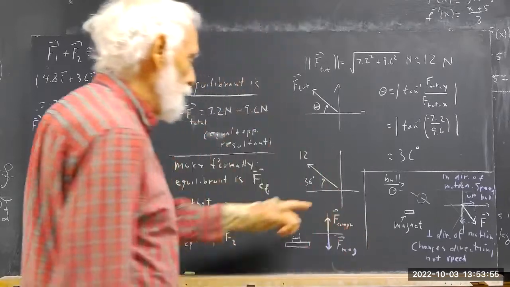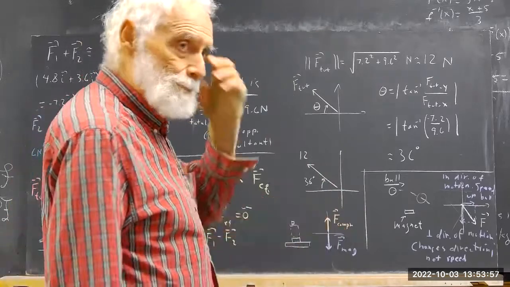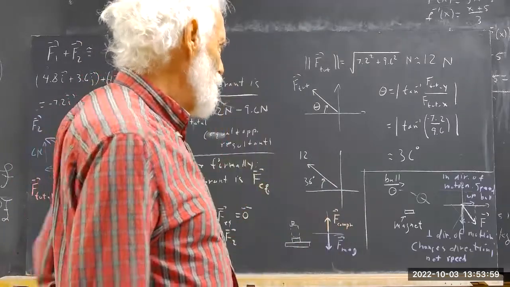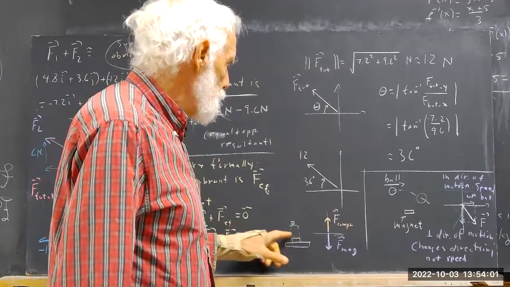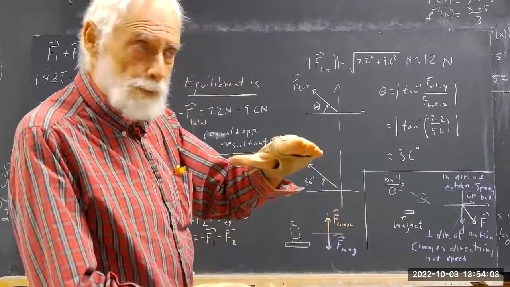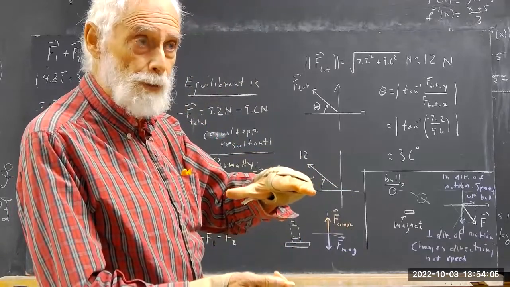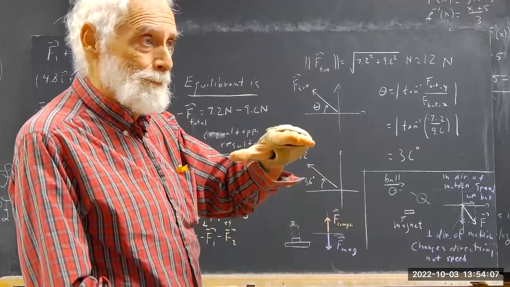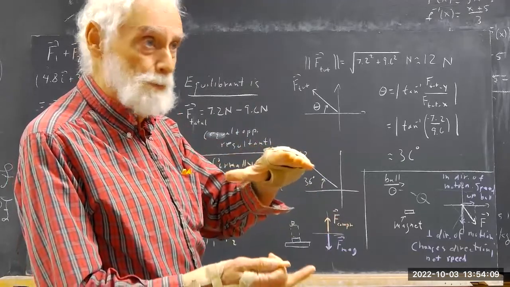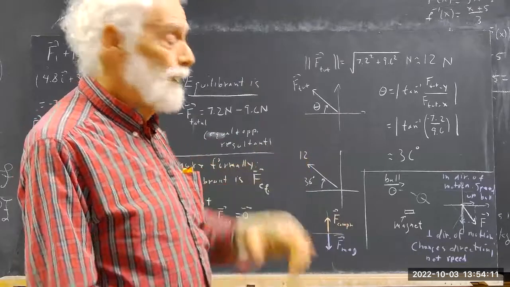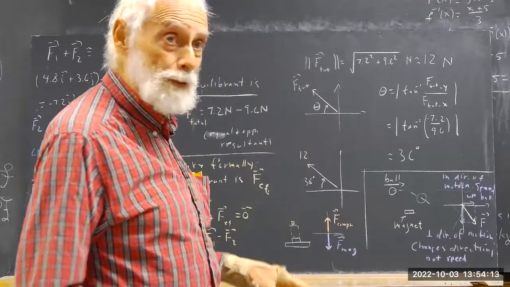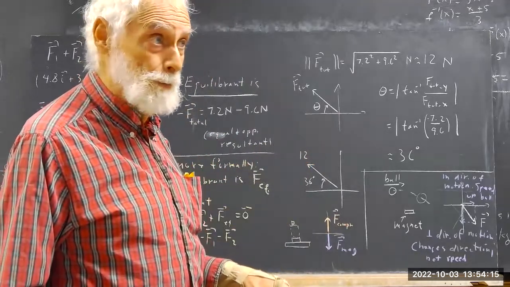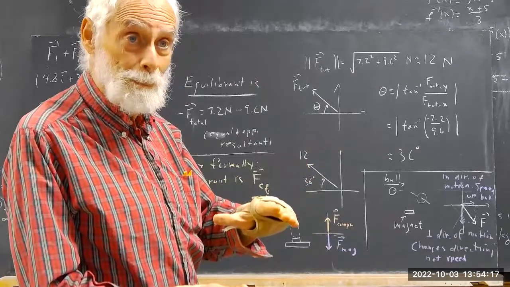I'm going to say that's F compression. Okay, now that's maybe not a good label, but it's the compression of the dominoes. You're actually compressing those dominoes and they want to spring back. Now, dominoes are pretty strong, they can support a lot of weight, so the weight of that little magnet sitting on top of the dominoes isn't going to compress it much.